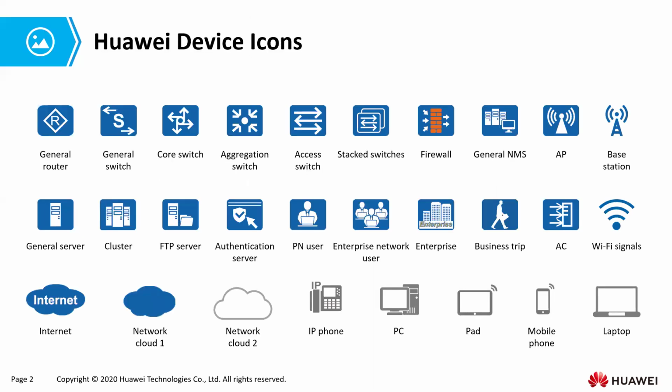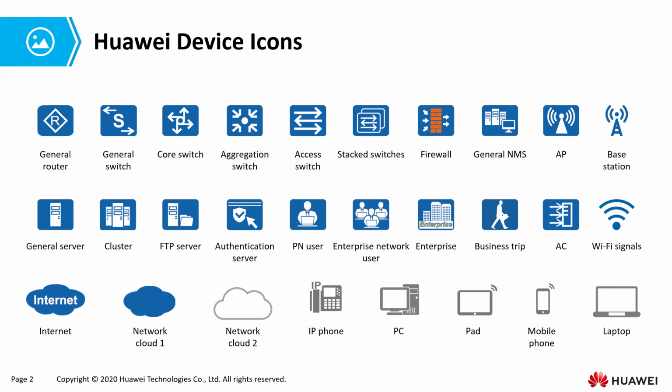Icons. I think they are very important in the sense that they allow us to represent devices in a network diagram. You're going to have diagrams which represent networks, and you need to familiarize yourself with the icons because they'll be representing the devices.